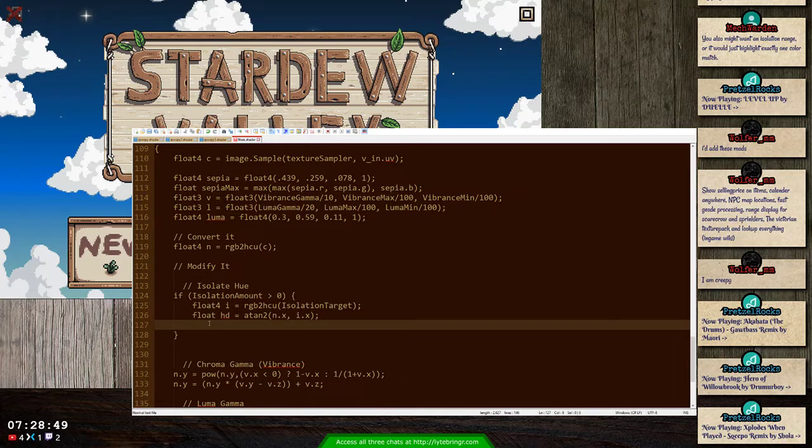Now, if the amount is more than 0, if HD is greater than our threshold, threshold is by default 0, so we want it to be 1 minus the threshold, and by 1 minus we want it to be 0.5.